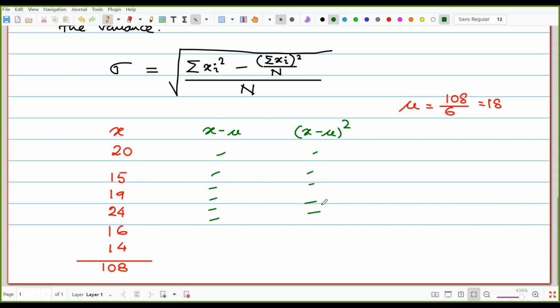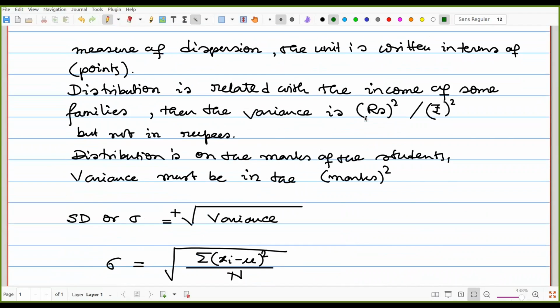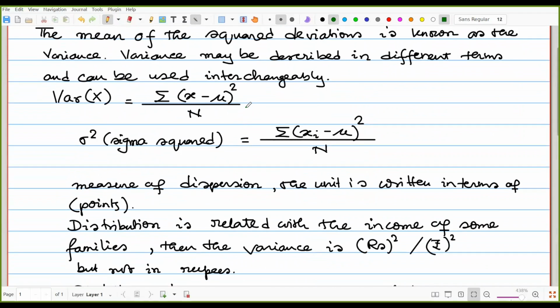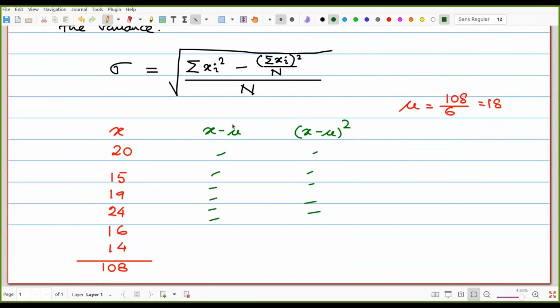And we used the formula, summation of x minus mu whole square divided by n. In this case, whatever we are doing is completely different and easy. We are just doing x square. That means whatever the value of x is, find the square of it.